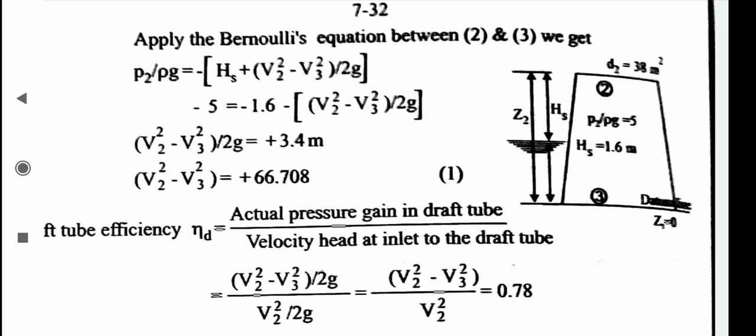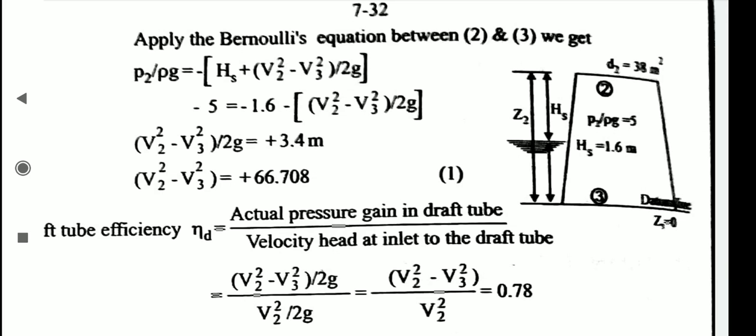For this case we have to apply Bernoulli's equation, that is P1 by rho g plus V1 square by 2g plus h, which equals P2 by rho g plus V2 square by 2g plus hs.